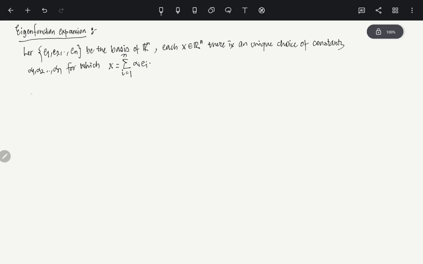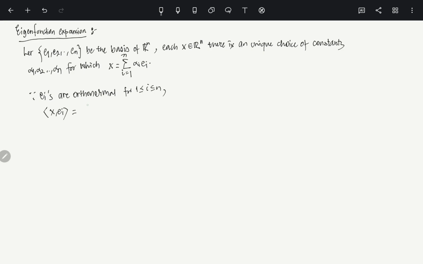Now since the ei's are orthonormal, for all i between 1 and n, you can look at the action of x on ei. And what is that?